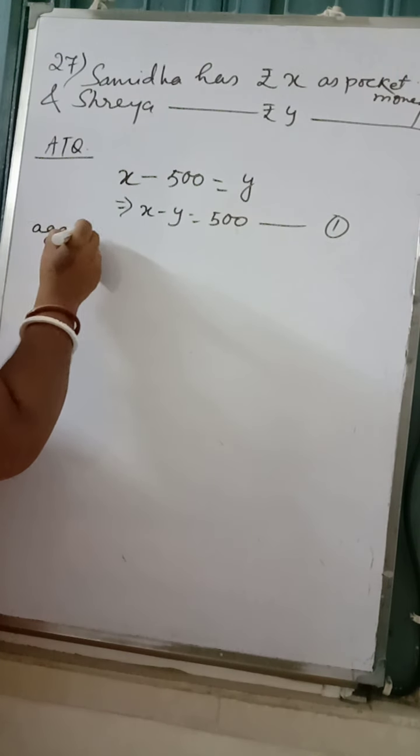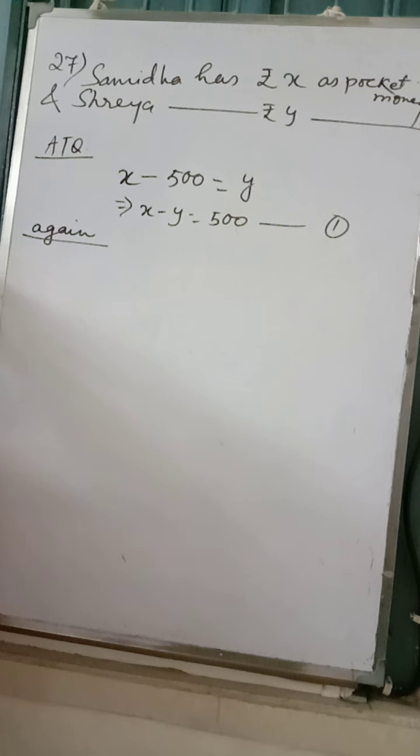Again it says Shreya spent rupees 500 and was left with 3 by 5 of what Samita had in the beginning of the week.